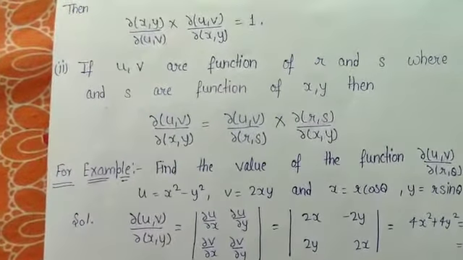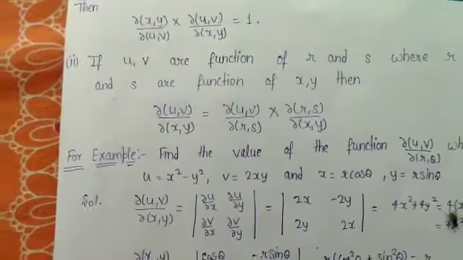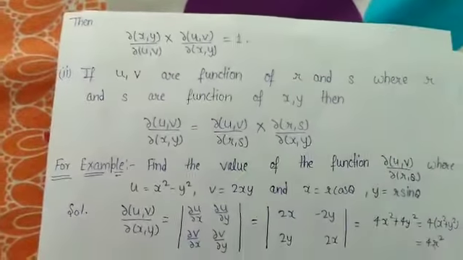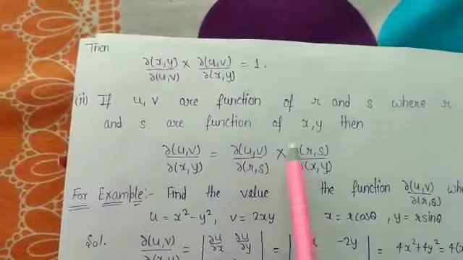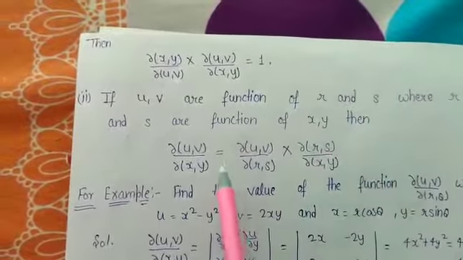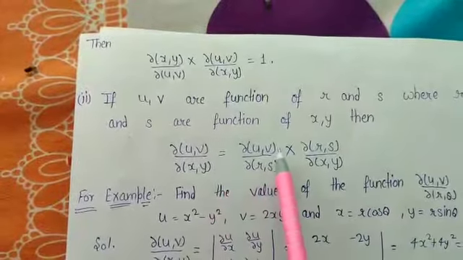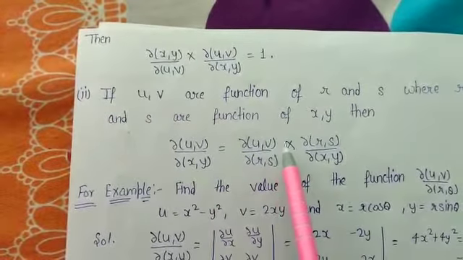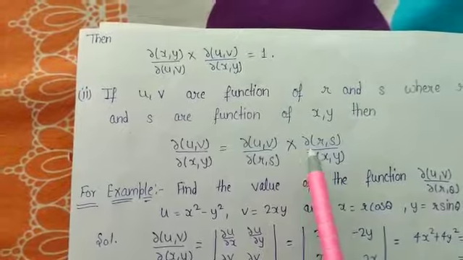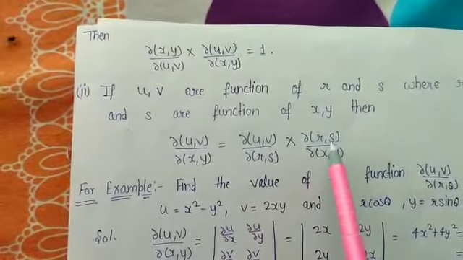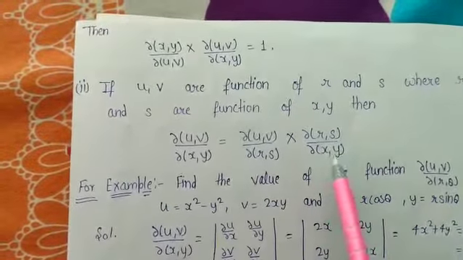Second property, if u and v are functions of r and s, where r and s are functions of x, y, then Jacobian of u, v with respect to x, y is equal to Jacobian of u, v with respect to r, s multiplied by Jacobian of r, s with respect to x, y.